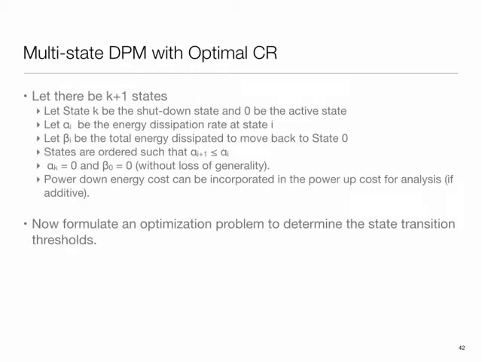The other complication is that usually we don't just have 2 states. It's not simply on and off. We are given multiple states. So imagine a system where we have an on state, and then we have many possible off states of deeper and deeper sleep.